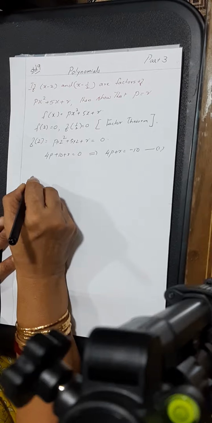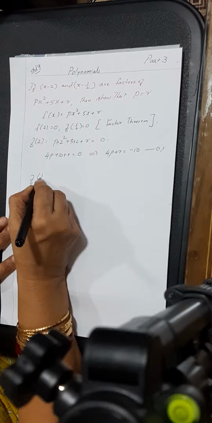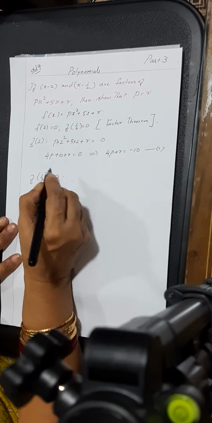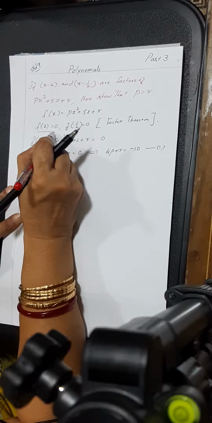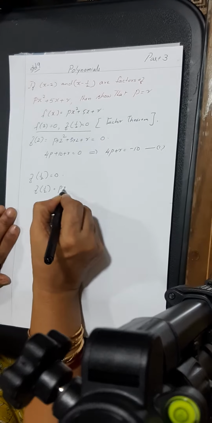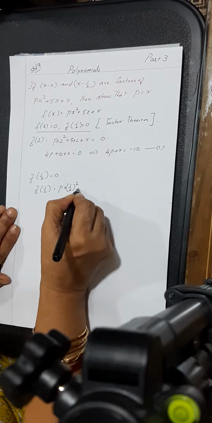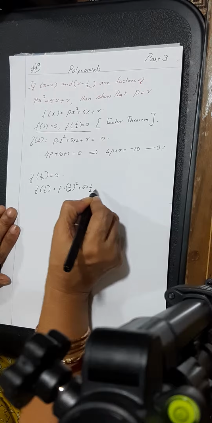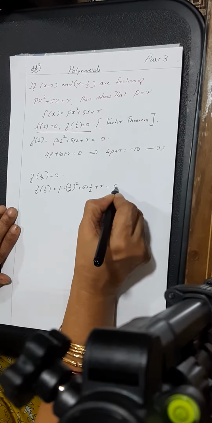Now we will find f of half is equal to 0. So substituting x is equal to half. So f of half is equal to p into 1 by 2 the whole squared plus 5 into 1 by 2 plus r is equal to 0.